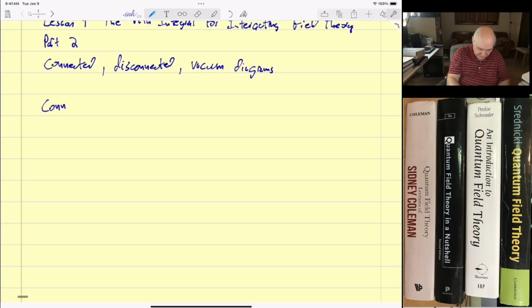Connected means just what it says. You can trace a path through the diagram for any 2 points.